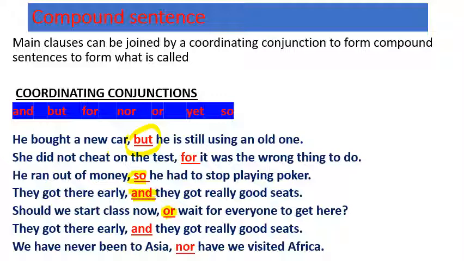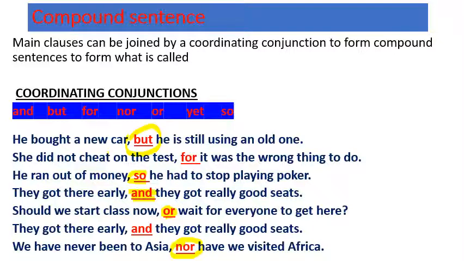Okay, and the rest you can see them. They got there early and they got really good seats, and the other one, we have never been to Asia, nor have we visited Africa. Here we need to look carefully at nor. When we use nor, we have never been to Asia, nor have we.